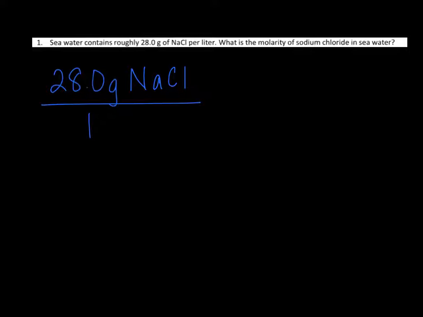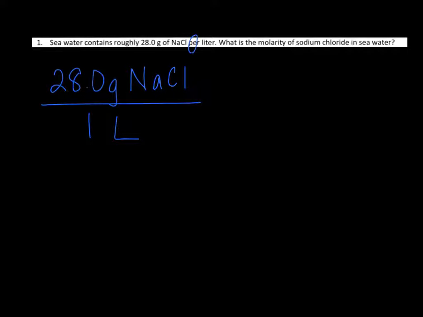We have 28 grams of sodium chloride per liter, and so what that tells me is that I have 28.0 grams of sodium chloride in 1 liter of water. So I can write it like this. So that's what that means.